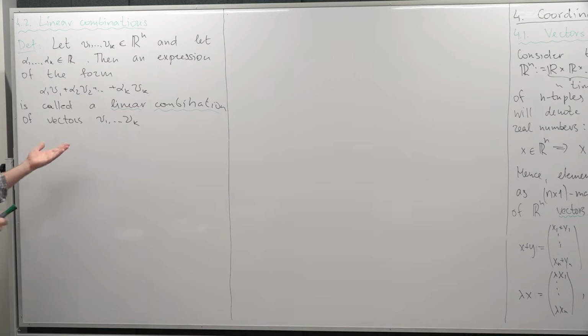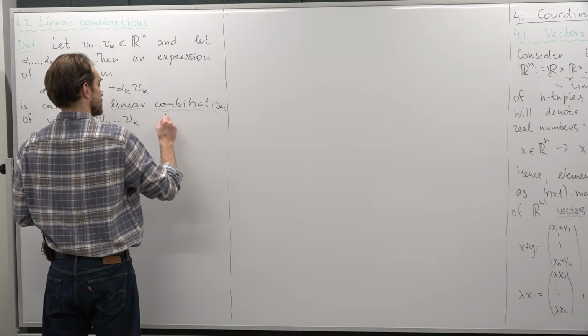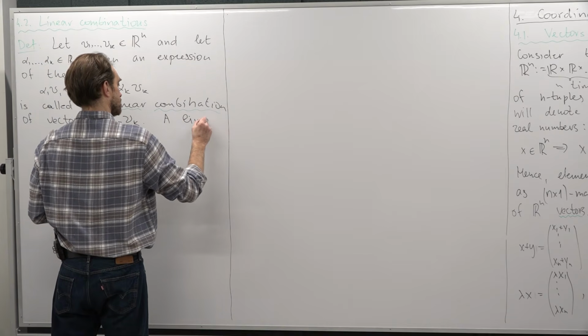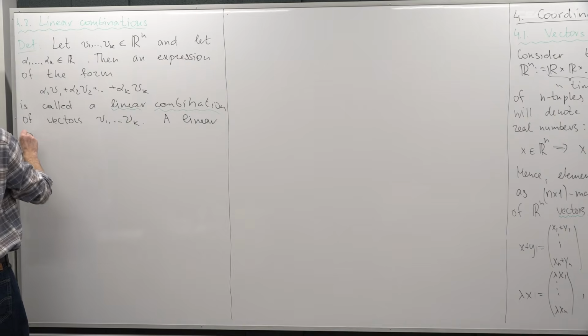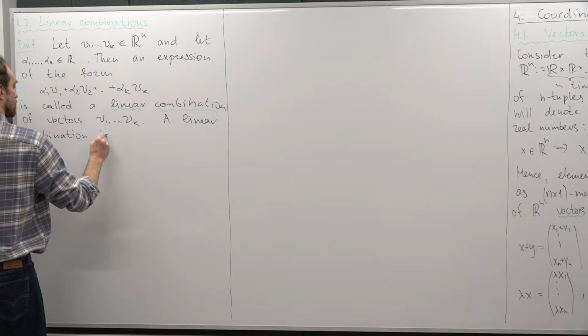Since we know how to define the sum of any two vectors, and we know how to multiply a vector by a scalar, this is also an element of our coordinate space. Then a linear combination is called trivial.